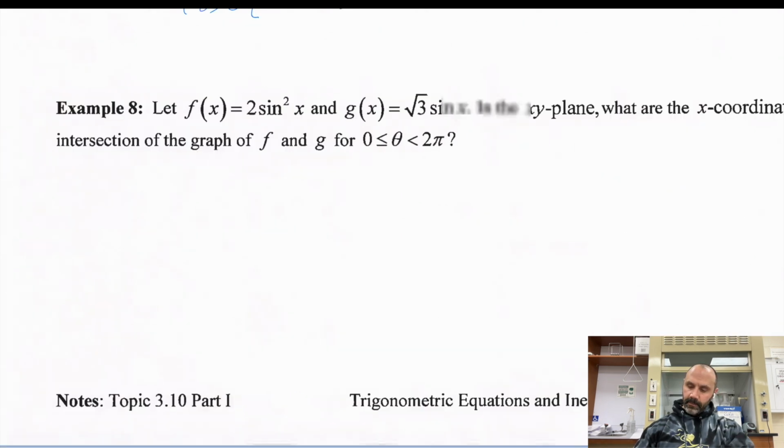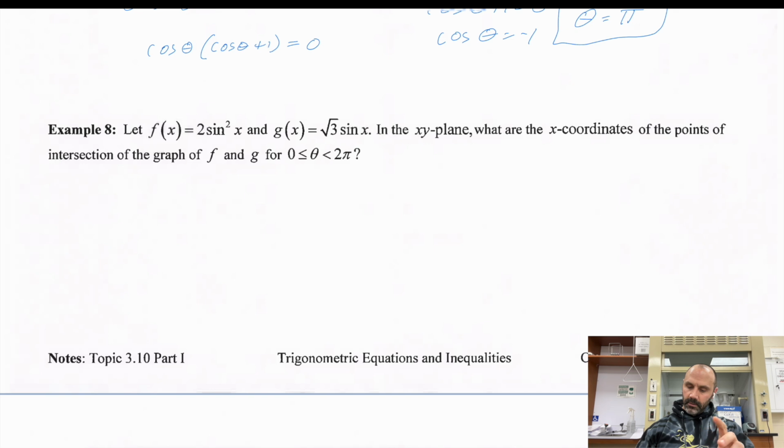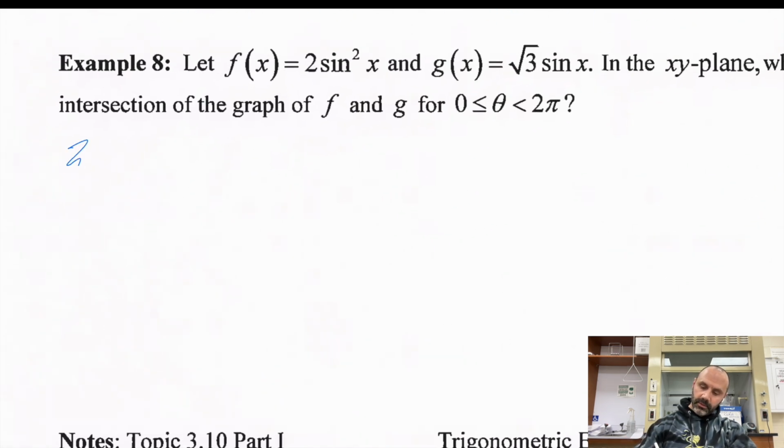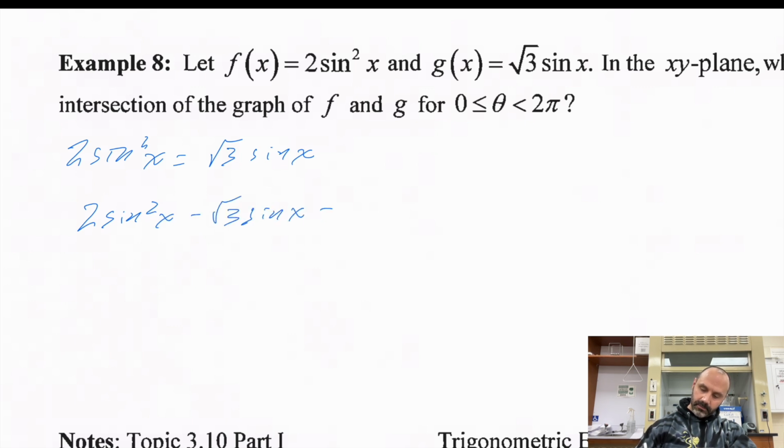In example 8, same kind of thing. I'm given two functions, and I want to find where they intersect. So I set them equal to each other, and then I'm going to solve for x. So 2 sine squared of x equals root 3 times sine of x. This is similar to the one that we did before. 2 sine squared of x minus root 3 sine of x equals 0.